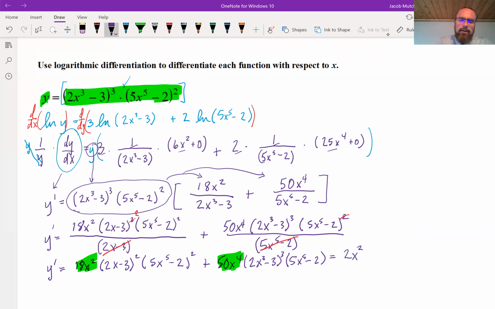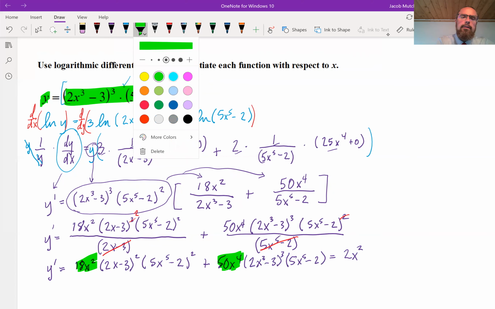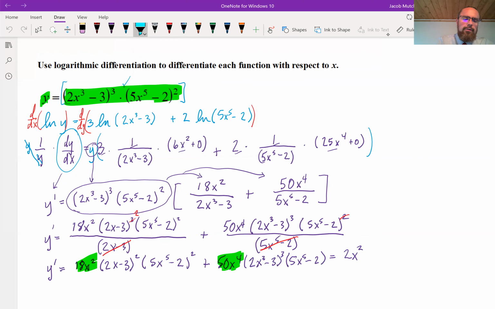I'm also going to factor out any of these common binomials. So I see that the first term there has (2x minus 3) to the power of 2, and the second term has that same one to the power of 3. So the common factor would be (2x minus 3) squared. So again, I'm factoring that out to the left.